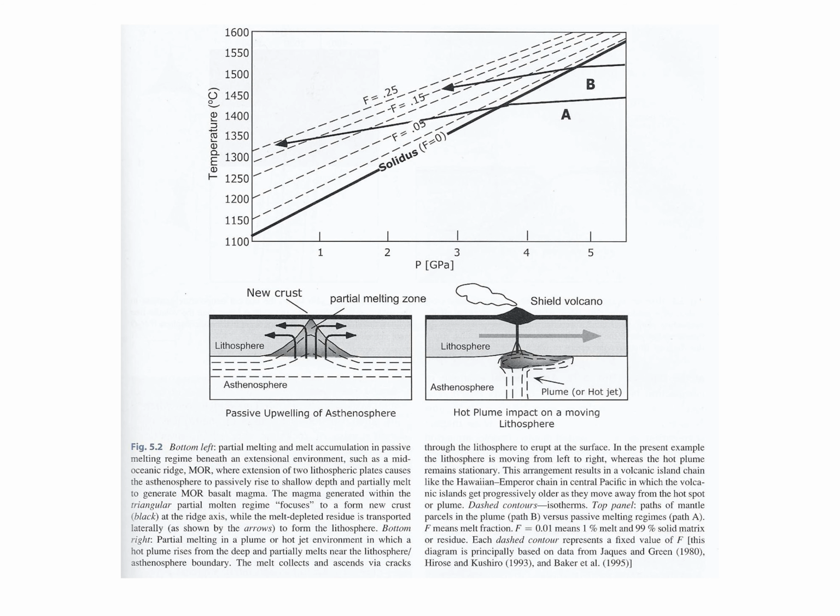Each dashed contour represents a fixed value of F. So here we already have a melt fraction of 0.05, that means 95% solid material and 5% melt, and here we have 0.25, that is 75% solid material and a melt fraction of 25%. Okay, you got it?